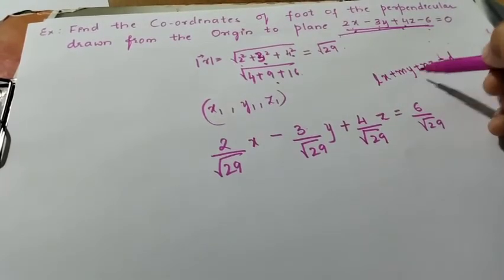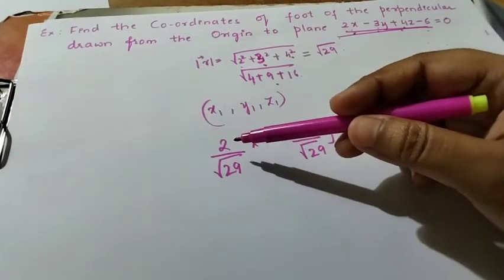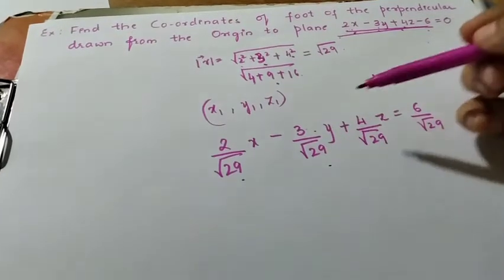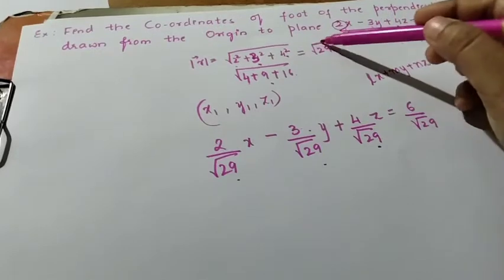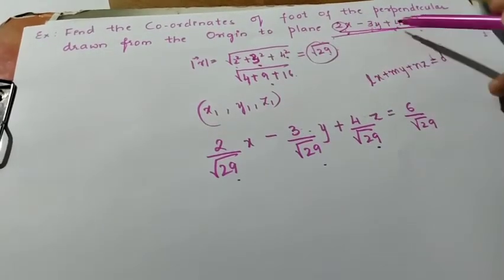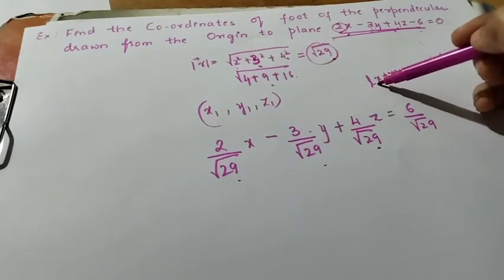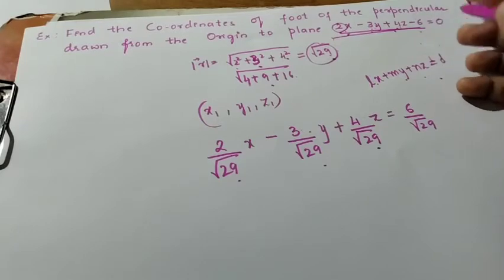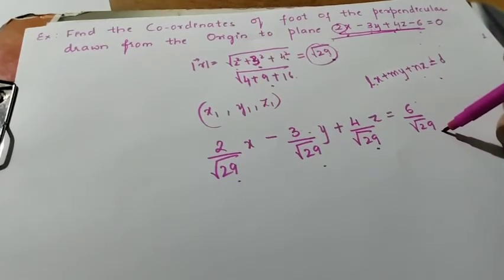Here l, m, n are direction cosines. So we have found the direction cosines: 2 by root 29, minus 3 by root 29, 4 divided by root 29, that is, each term divided by root 29. These are the direction cosines. So you write lx plus my plus nz is equal to d, where d, that is the 6, we shift to this side, so it is equal to 6 divided by root of 29.